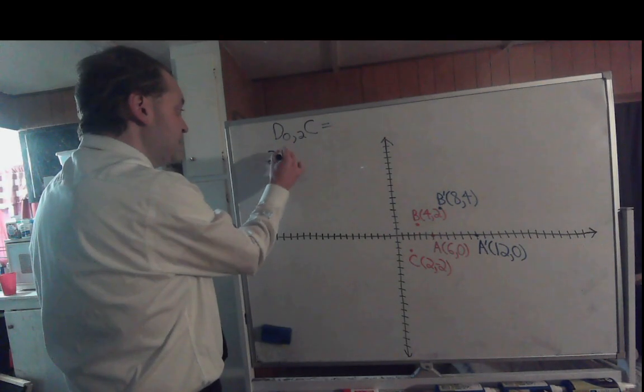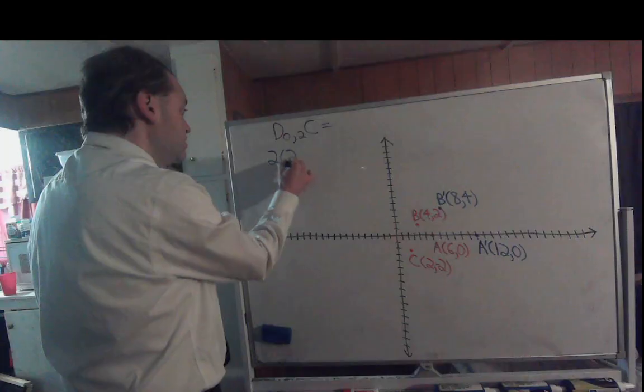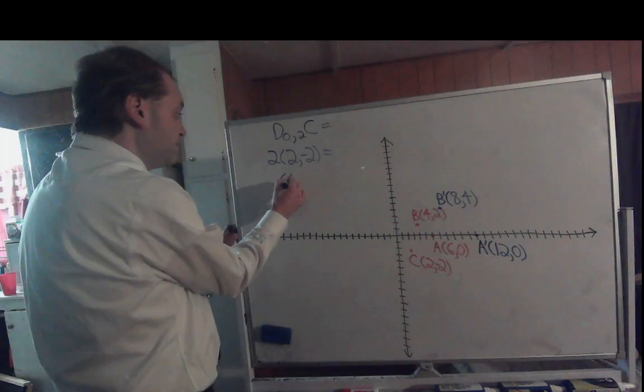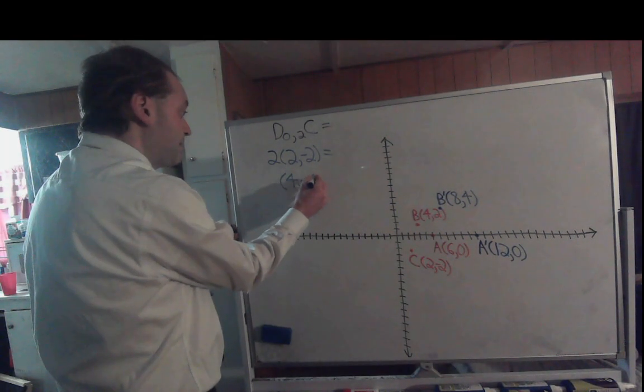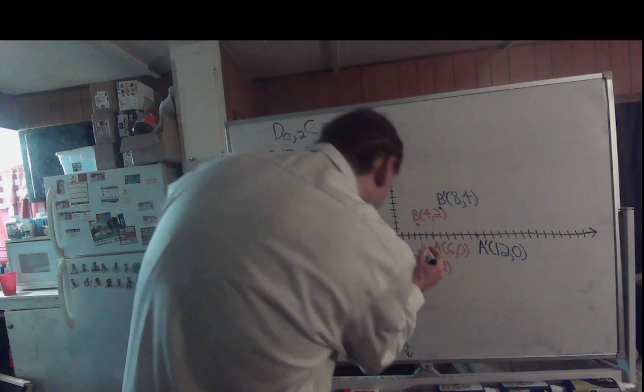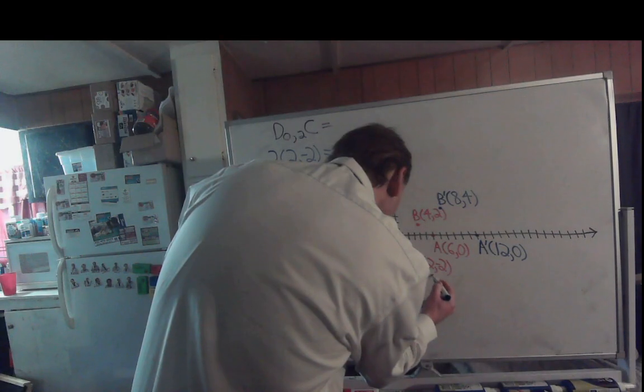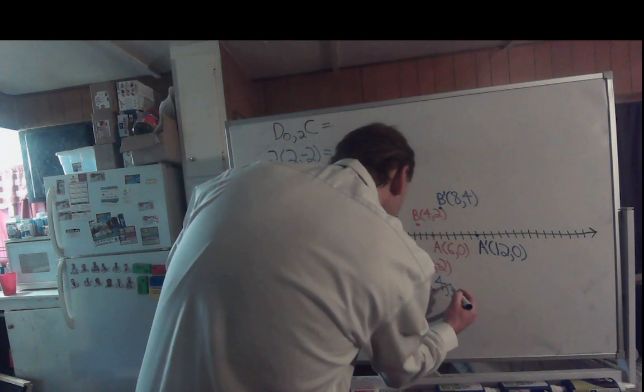So take 2 times your coordinates for C, which was 2, negative 2. Well, that would end up giving you 4, negative 4. So 4, negative 4 would be found right there. So C prime is at the point 4, negative 4.